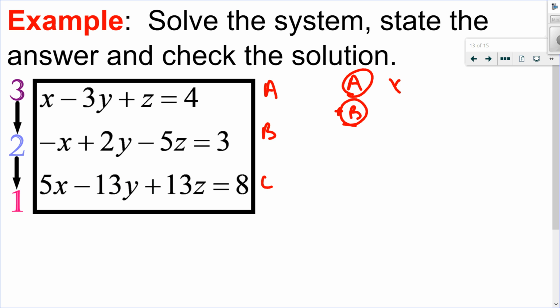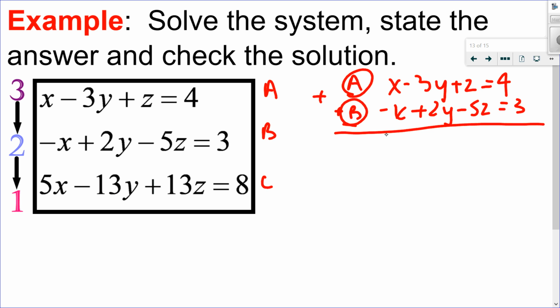So that's what I'll start with. Because they're opposite values, I'm going to add. So x plus negative x is 0. Negative 3y plus 2y is negative y. z plus negative 5z is negative 4z. And 4 plus 3 is 7.